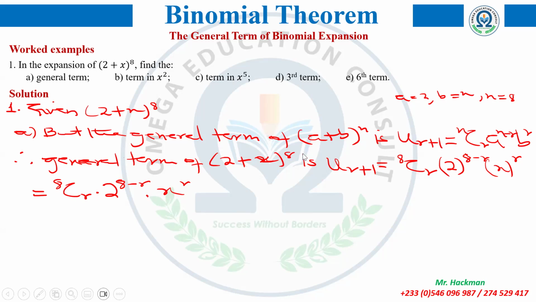Remember, this particular expansion is the general expansion. For the particular expansion, you know the values for A, B, and N. So in the formula that you've quoted for your general term, substitute these parameters. Wherever you see A, it is 2, wherever you see B, it is X, wherever you see N, it is 8. So that gave us this. And you can see that the bracket here indirectly represents a product. You get it?